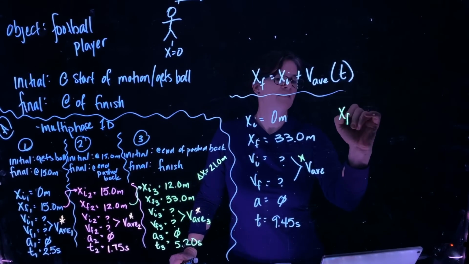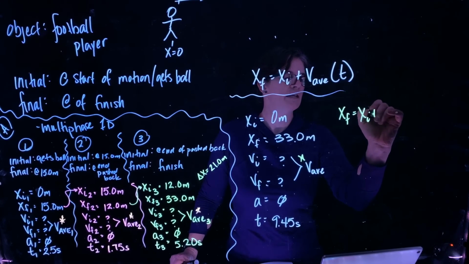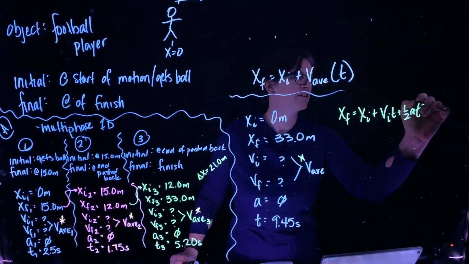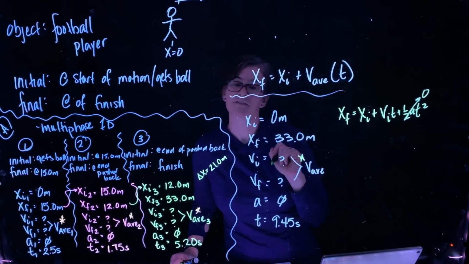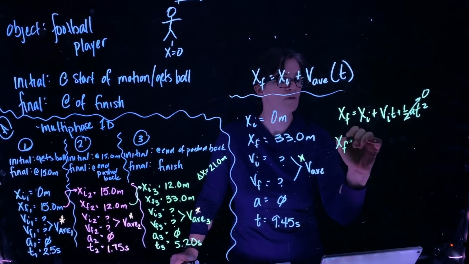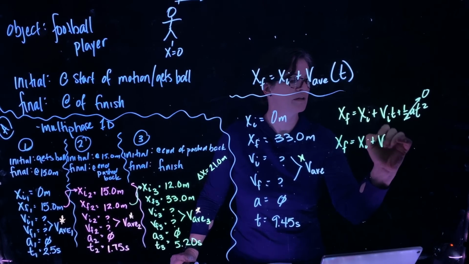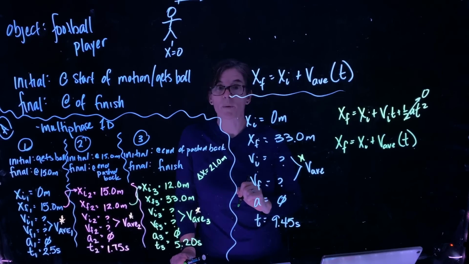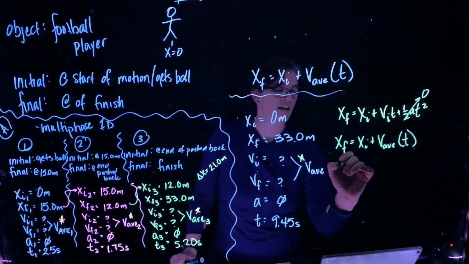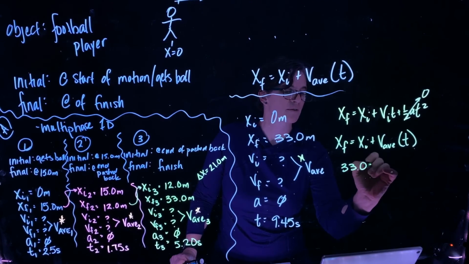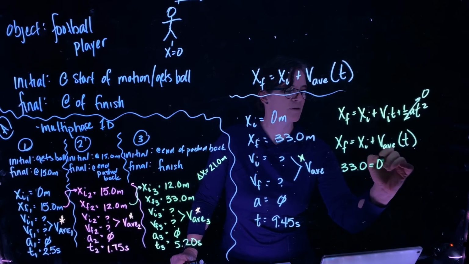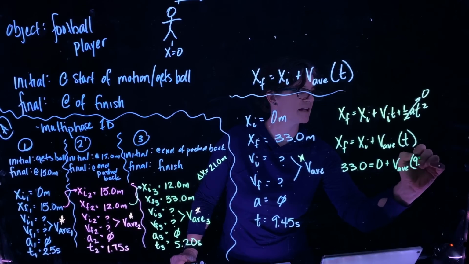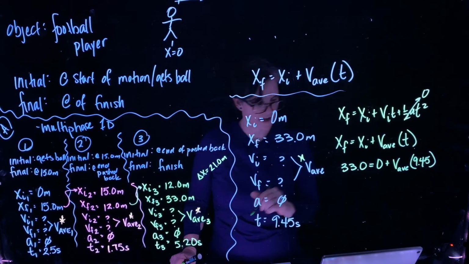Now, like in the previous problem, we are interested in our average velocity. So x final is equal to x initial plus v initial t plus 1/2 at squared. But in the absence of an acceleration, this transforms into an equation that's going to be useful for our problem. So x final is 33.0, x initial is 0, v average is what I'm interested in, and our time is 9.45.